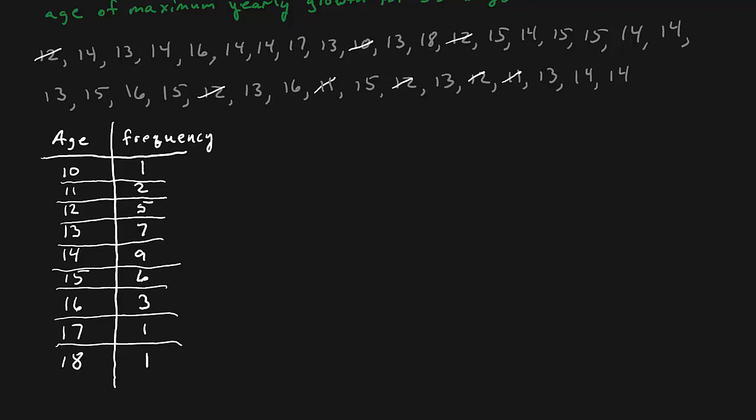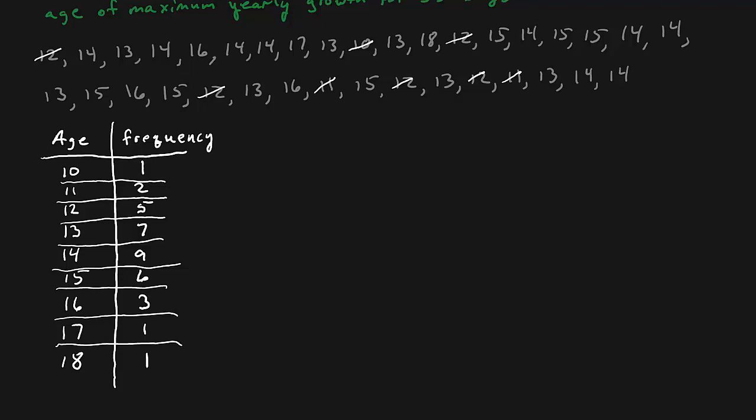Okay? So it looks like the age that boys grew the most is 9. You see that? So you can easily see that, answer questions, and you can see the age that not many boys grew was age 10 and 18 and 17. Okay?